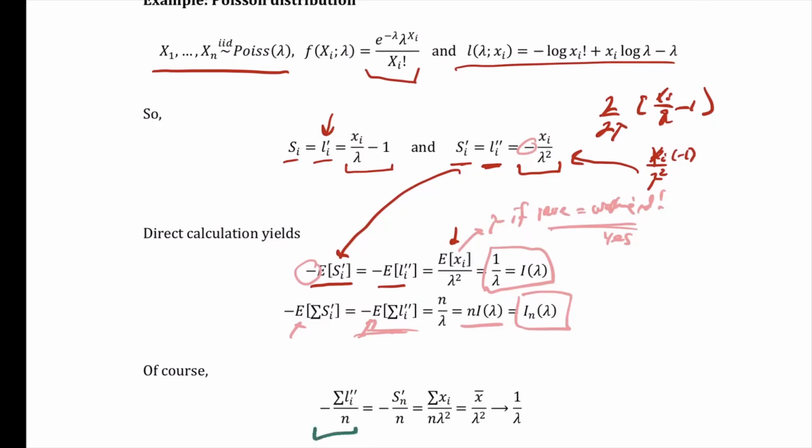So I have the minus sign out front to just keep the minus out front here. And then this is, in some sense, the average second derivative of the log likelihood.